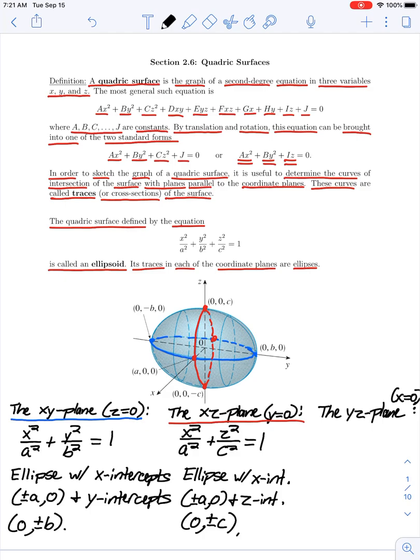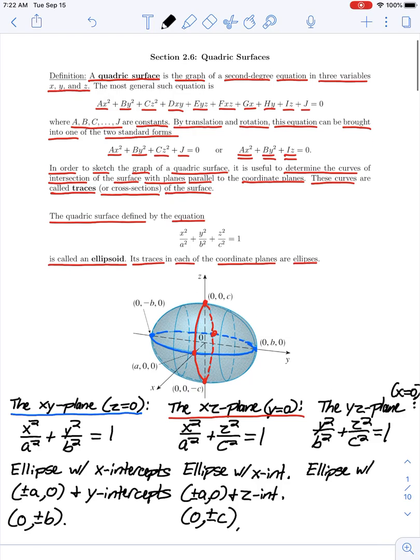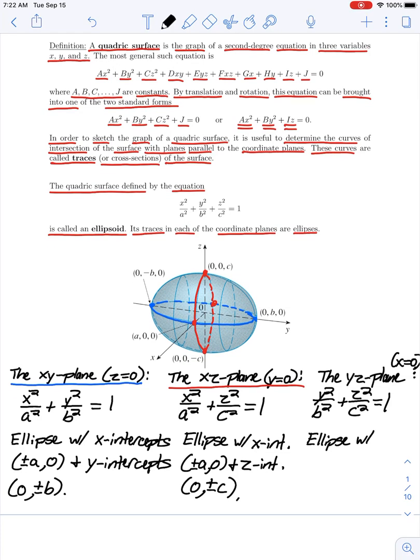So substituting x equals 0 in the equation of our ellipsoid, we have y squared over b squared plus z squared over c squared is equal to 1, which again defines an ellipse with its y-intercepts at plus minus b, 0, and its z-intercepts at 0, plus minus c.